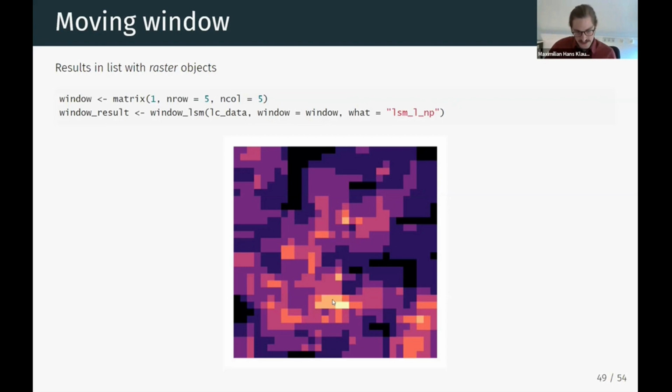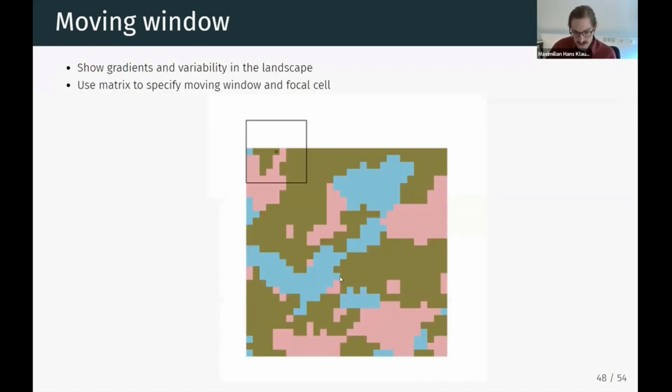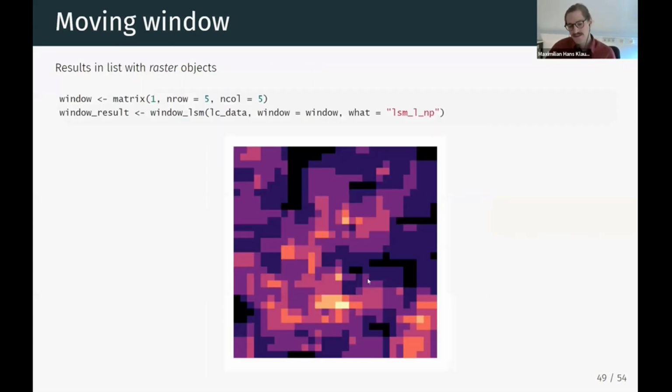And you can see here that down here in the center of the landscape, there seems to be a high value of patches. So we now go just slightly back. You can see in this area there are quite a few small patches. And you can see that this shows up here in the moving window, because if you're in this area, you have plenty of patches just in that focal smaller subset of the area.